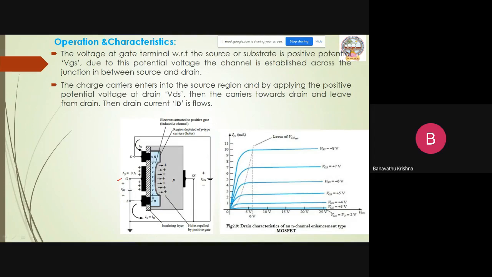Here it is a p-type material, meaning the majority charge carriers are holes. Such positive charge carriers are always attracted towards the negative potential. Here we are applying a positive voltage at the gate with respect to the source, that is VGS.